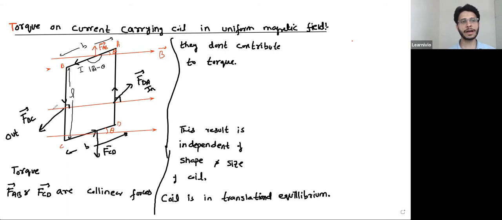But if you look at FBC and FDA, this is your coil. One force is acting inwards, another is acting outwards. So this can rotate.